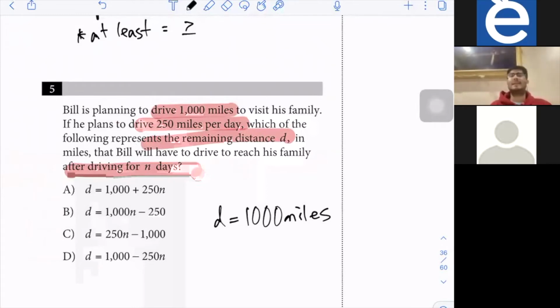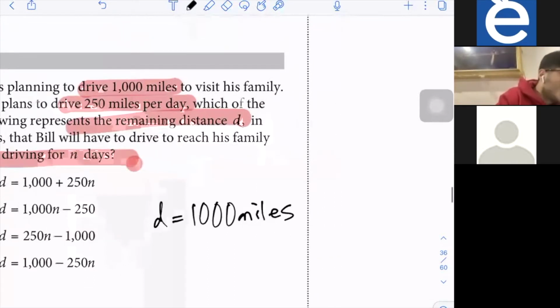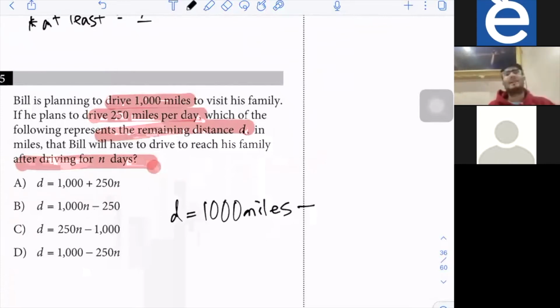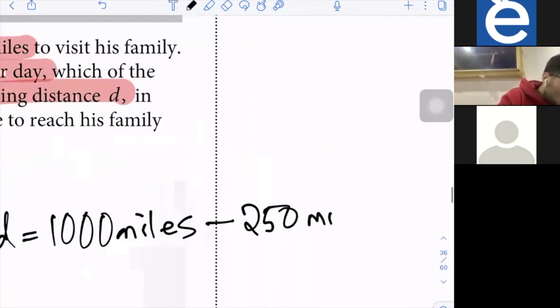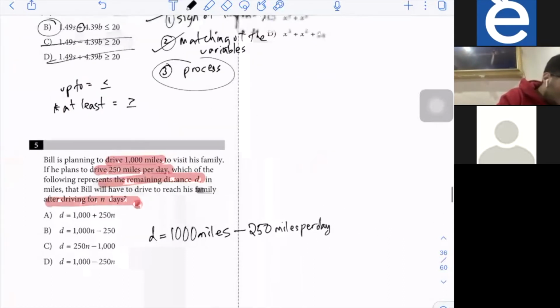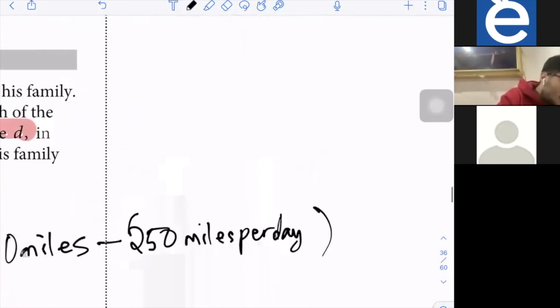And the days can be represented by N. So you can do 1,000 miles minus, because if you add to 1,000, it wouldn't make sense with the question. He wants to decrease the distance between him and his family. So you have to subtract, and it'd be 250 miles per day. And then since it's N days, you have to multiply by N days.